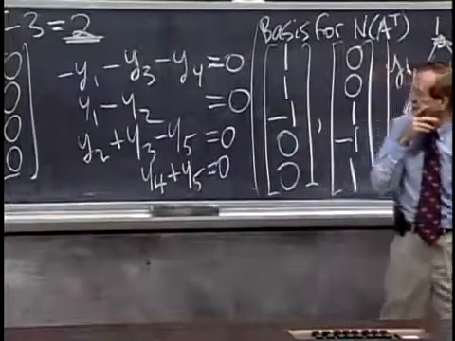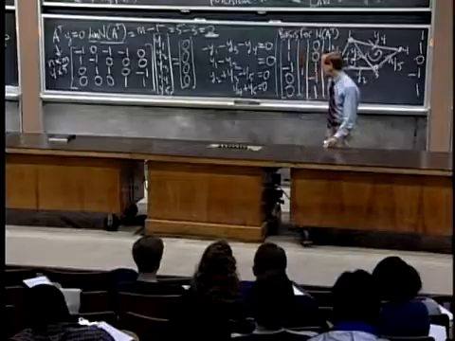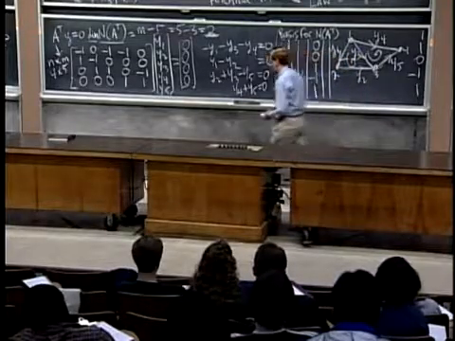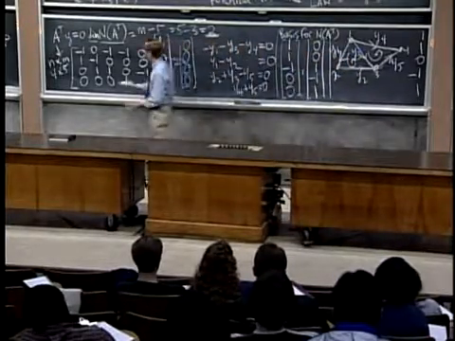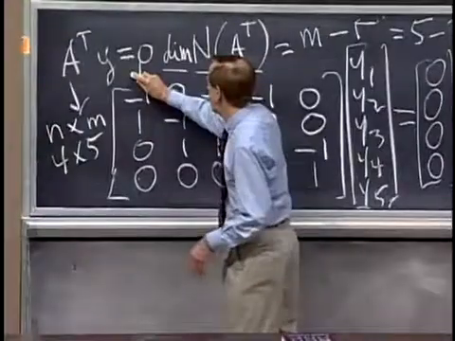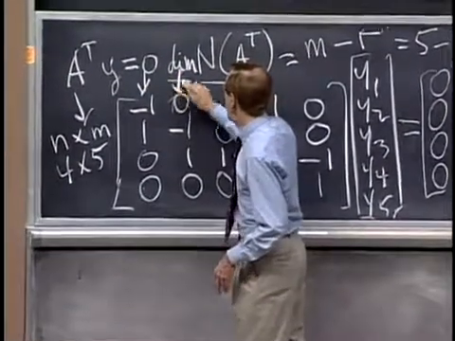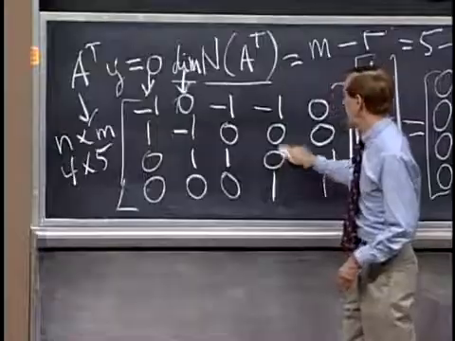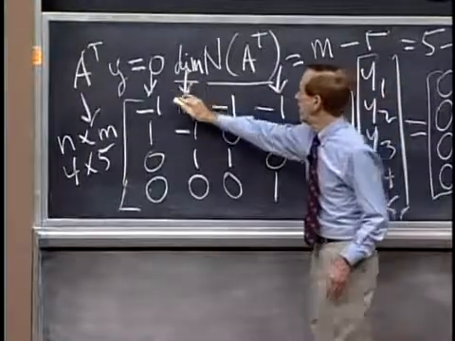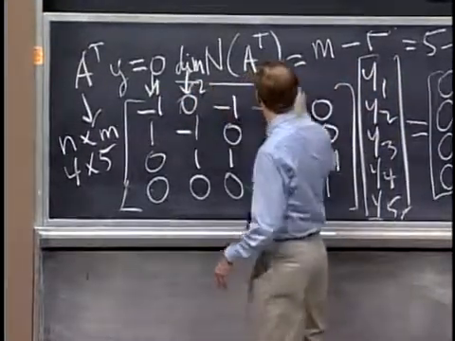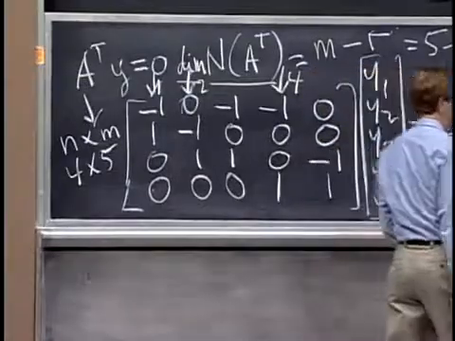They're not independent because they come from a loop. So the pivot columns of this matrix will be the first, the second, not the third, but the fourth. Columns 1, 2, and 4 are okay.